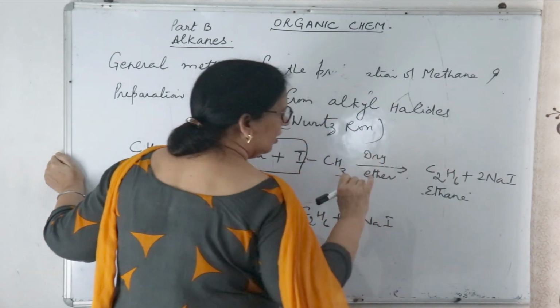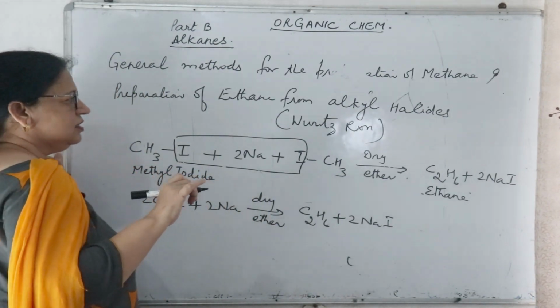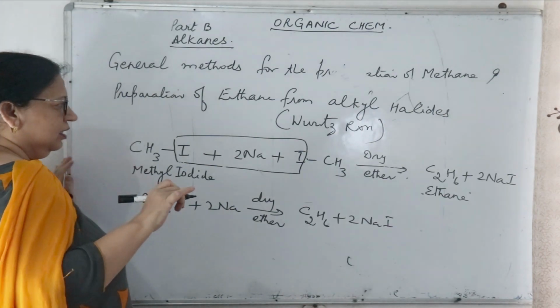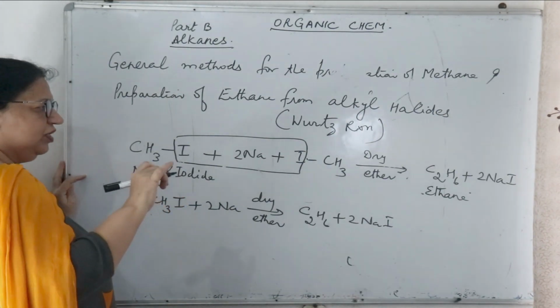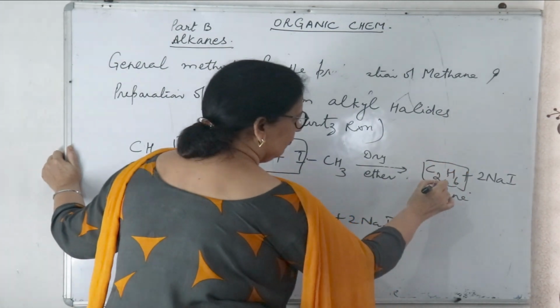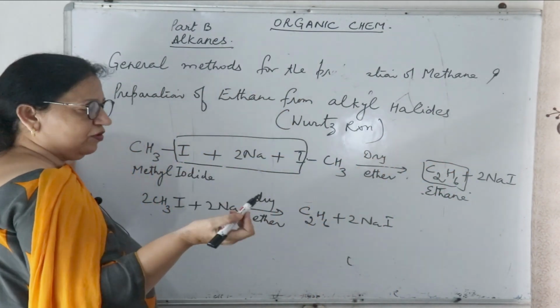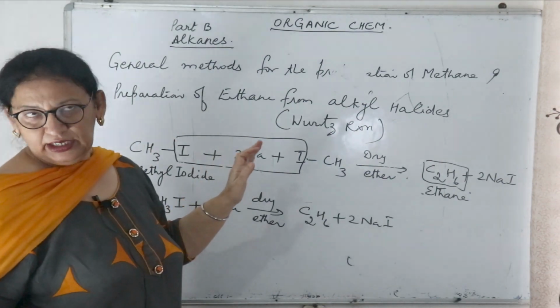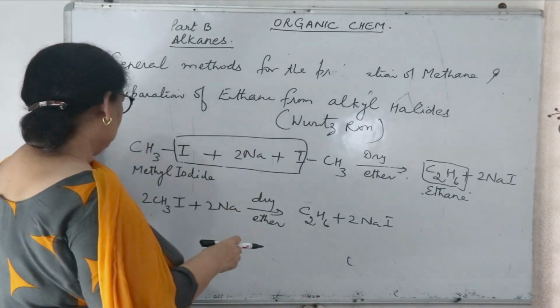Ethane. And this reaction has that special feature: we can make the alkanes with the even number of carbon with this method. Only the alkanes with the even number of carbons.